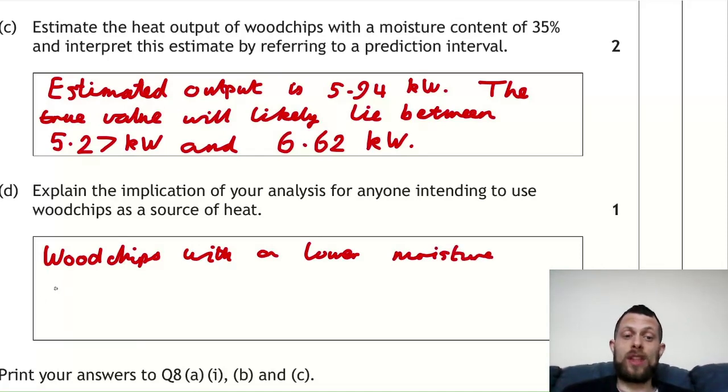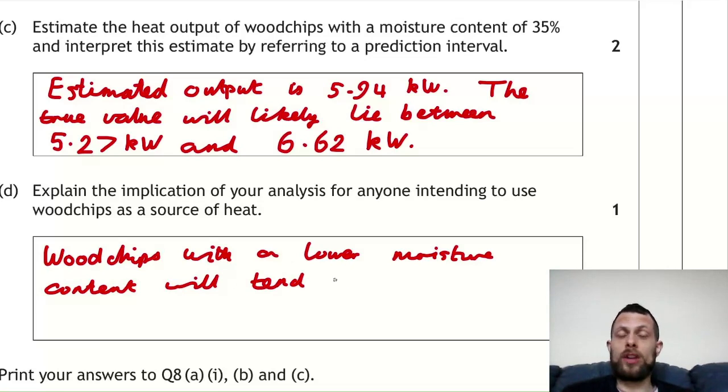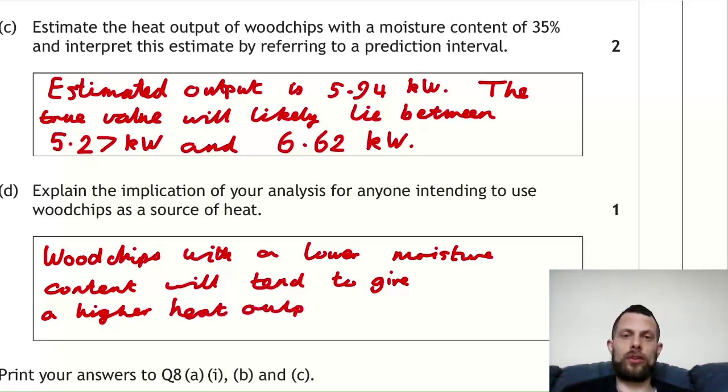So I think what they were intending with this question is just to give you one to think about a bit with the context of the question, although I don't know if you would have anything similar in a real exam. So I've said there they will tend to give a higher heat output, and that's what people want.